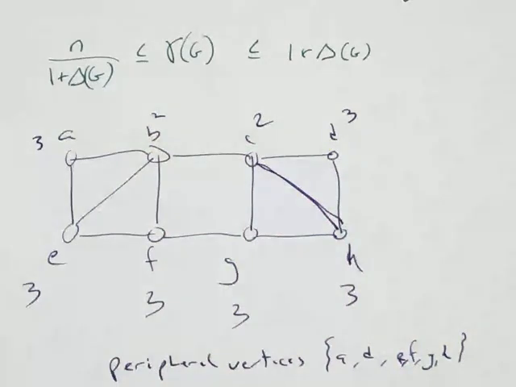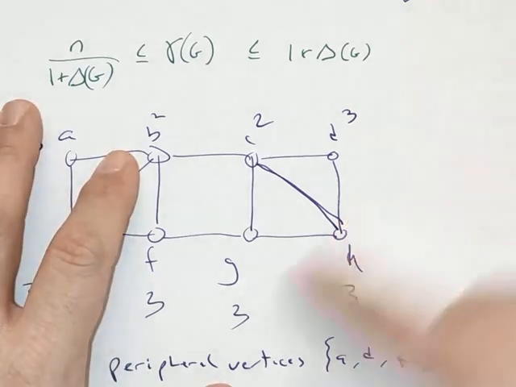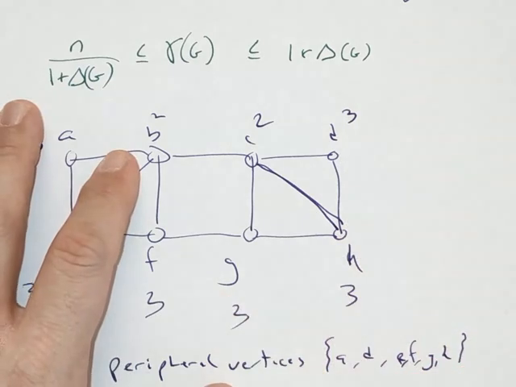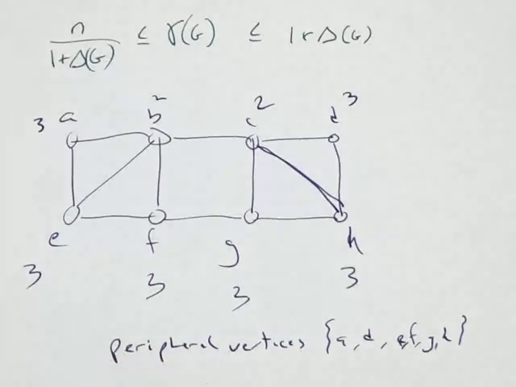How about C? That's the problem. These vertices here, D, G, and H, are eccentric of B. But our goal is to go the other way and show that B is eccentric of something.